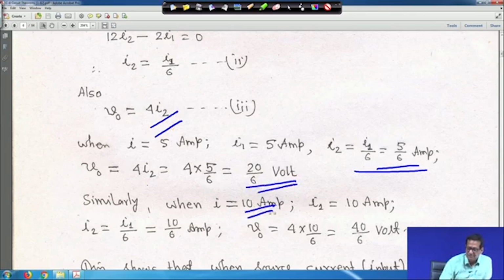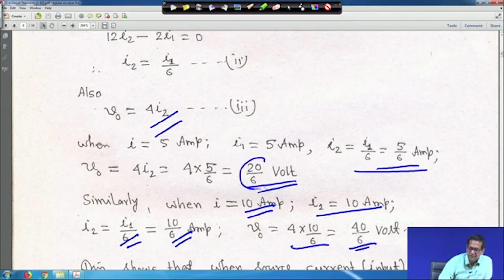Now when I is equal to 10 ampere, I1 also is 10 ampere, so I2 is 10 by 6 ampere, and V0 is 40 by 6 volt. It was 20 by 6 volt when I was 5 ampere. When I was made 10, that is double, the voltage also became double. So from that you can tell the circuit is linear.